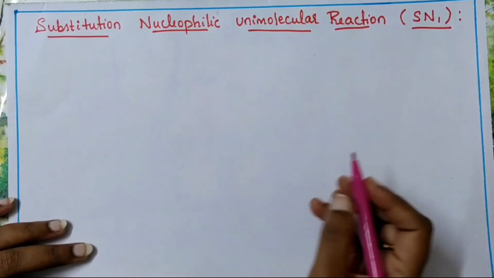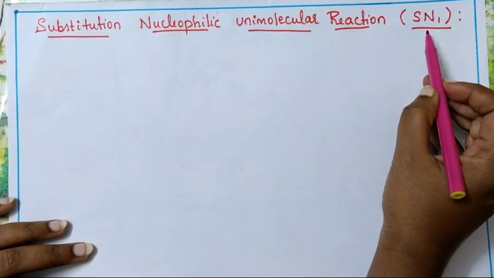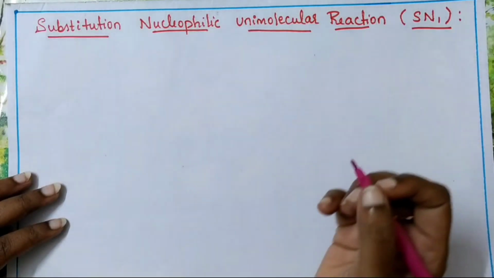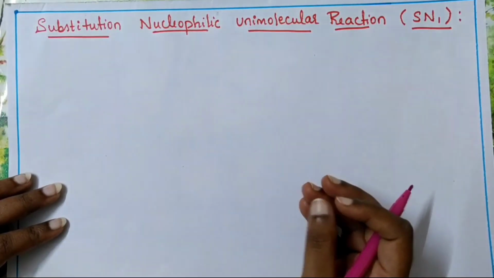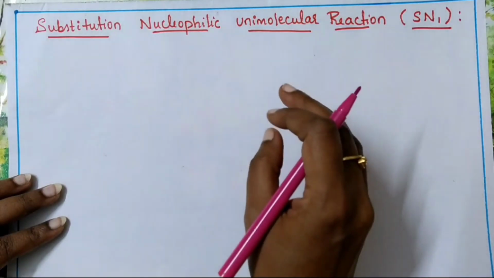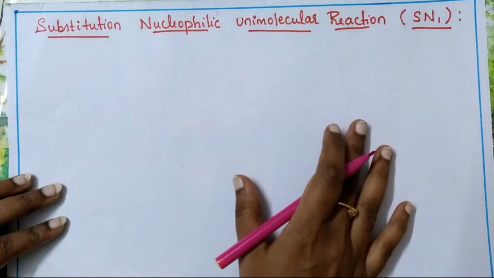Before we understand how to write the reaction and mechanism for this SN1 reaction, we must know some conditions or factors which are required for this nucleophilic substitution reaction to take place.